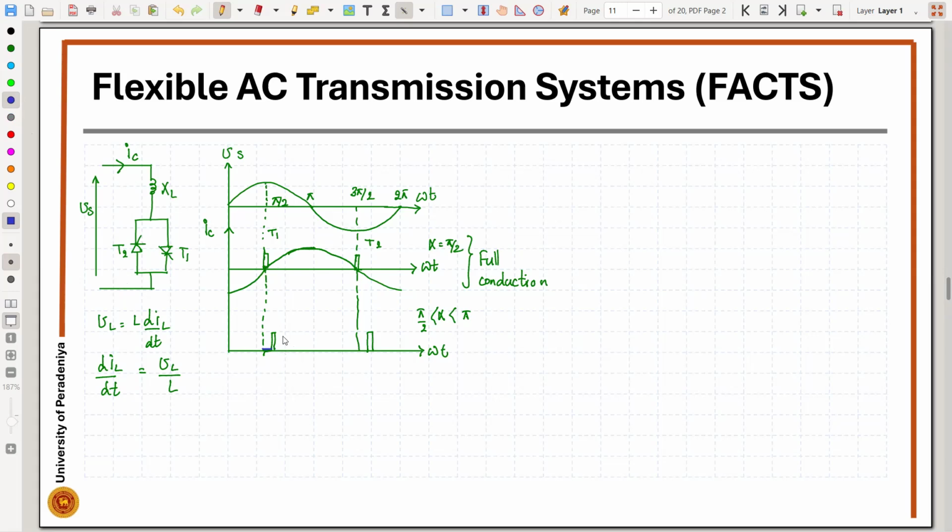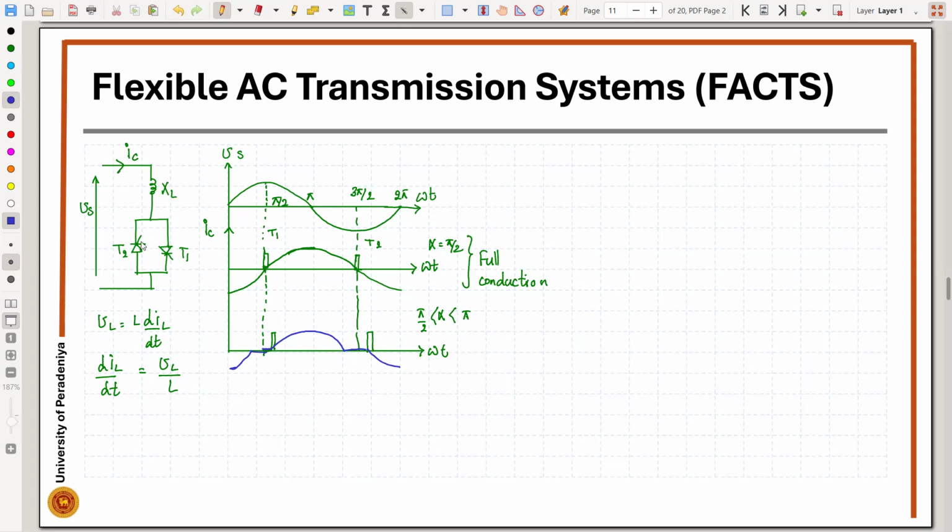Again, what would happen is that we would see the current flowing through the device increasing like that. Then the di by dt is going to be negative, so it will stop conducting at this point. Then again it will wait till the signal comes and it will be conducting.